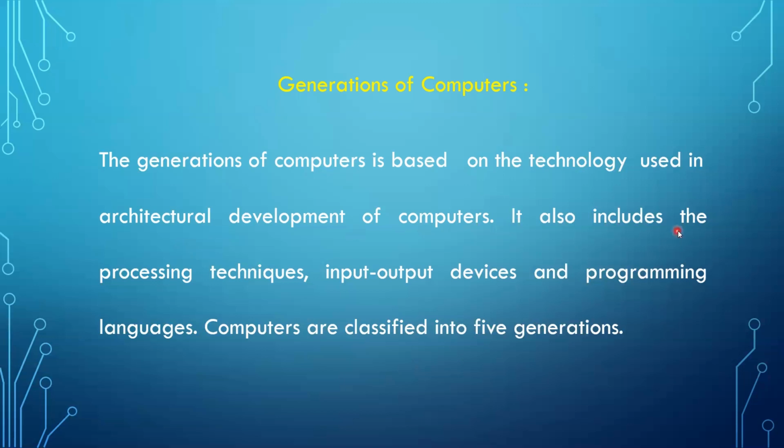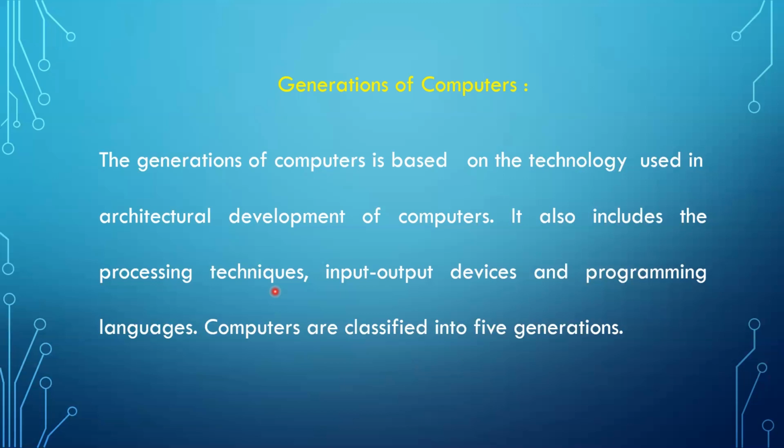It also includes the processing techniques. Once computers are developed, then how to process our data. Again, we have different techniques and methods. In the past, we might be using punch cards for input, but presently we are using keyboard and mouse for giving inputs.